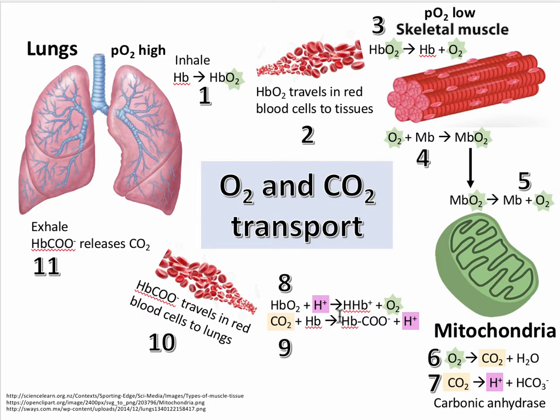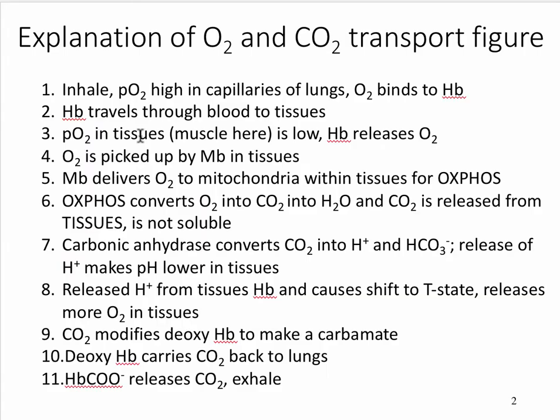At the same time, the carbon dioxide modifies the deoxyhemoglobin to form this carbon dioxide carbamate at the N terminus of hemoglobin. This carbamate ion then travels to the red blood cells, to the lungs, and we're able to release carbon dioxide. This is available on As You Learn, but here it is step by step, what's happening in regards to the transfer of both carbon dioxide and oxygen in respiration.